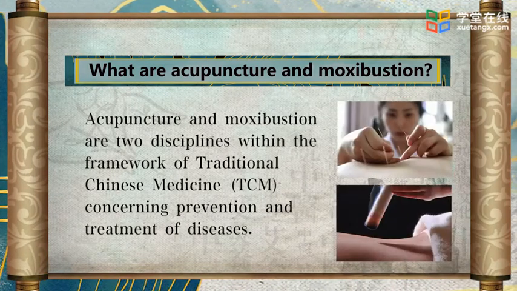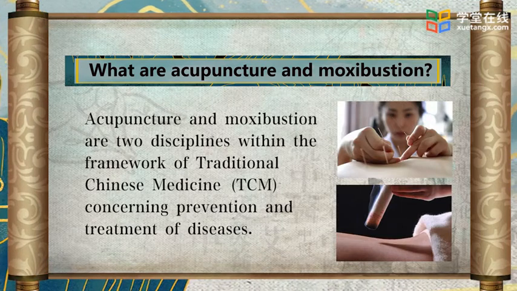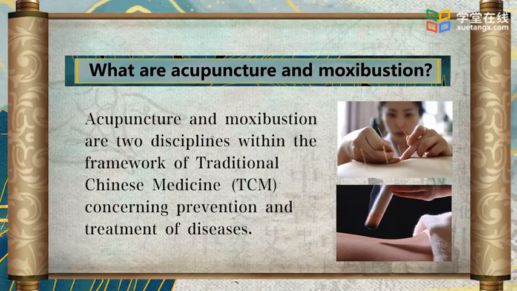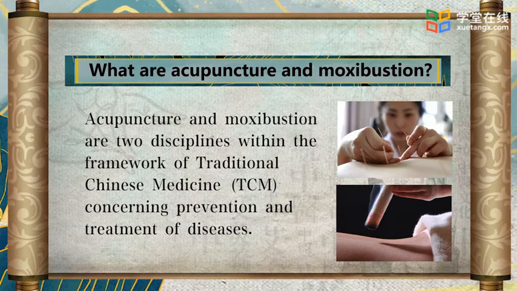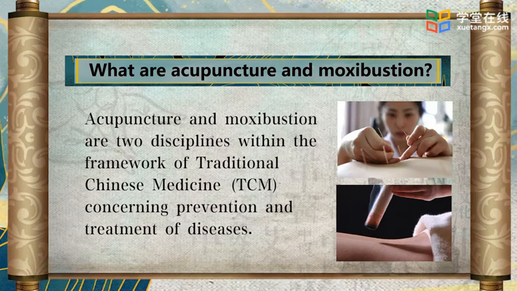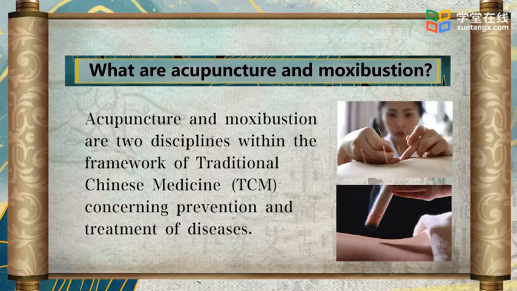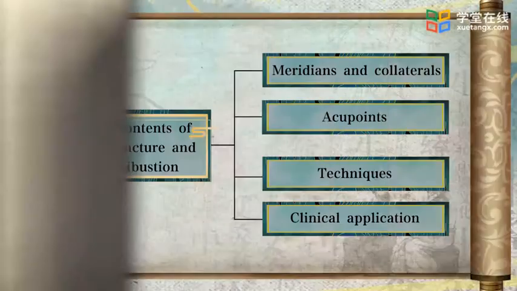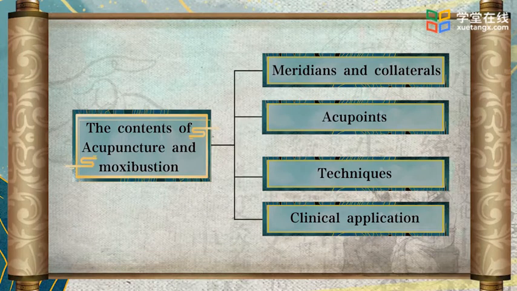Acupuncture and Moxibustion are two disciplines within the framework of traditional Chinese medicine concerning prevention and treatment of disease. As important components of TCM, the contents of Acupuncture and Moxibustion mainly consist of four parts: meridians and collaterals, acupoints, manipulation techniques, and clinical application.